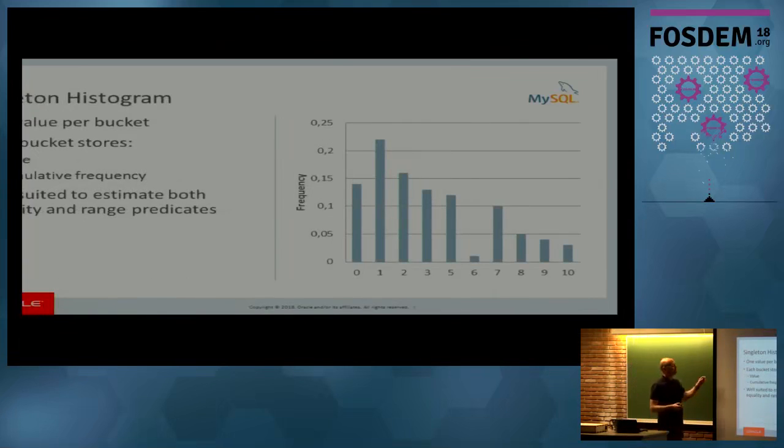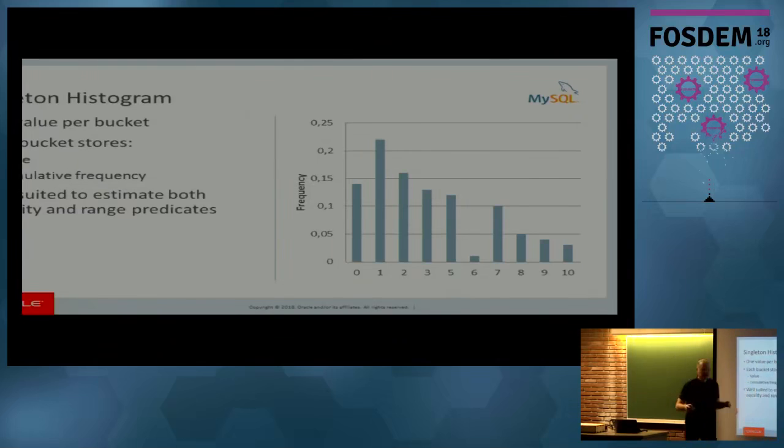If you have a singleton histogram, you have one value per bucket, and for each bucket you store the value and the cumulative frequency for that bucket. Here's an example. A column has a set of values, a domain between 0 and 10, and you have like 14% zeros, you have 22% ones, and so on.